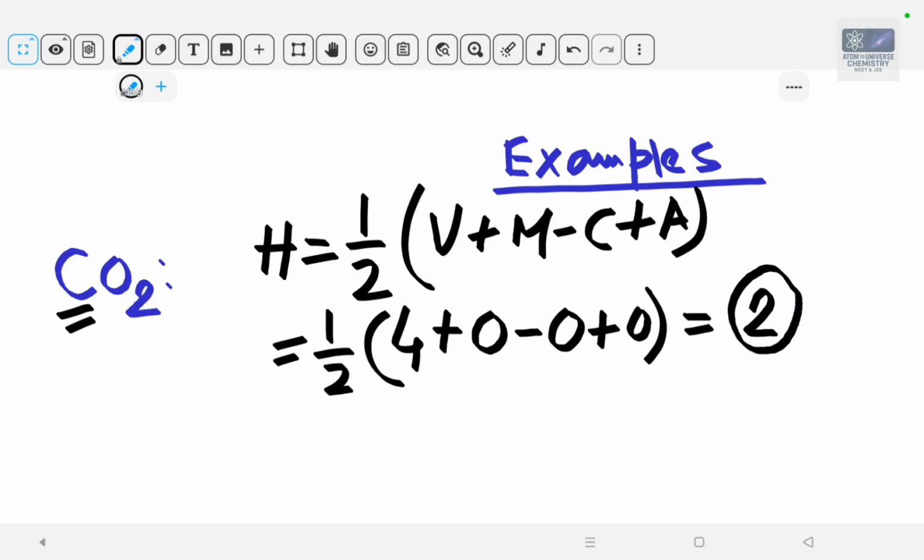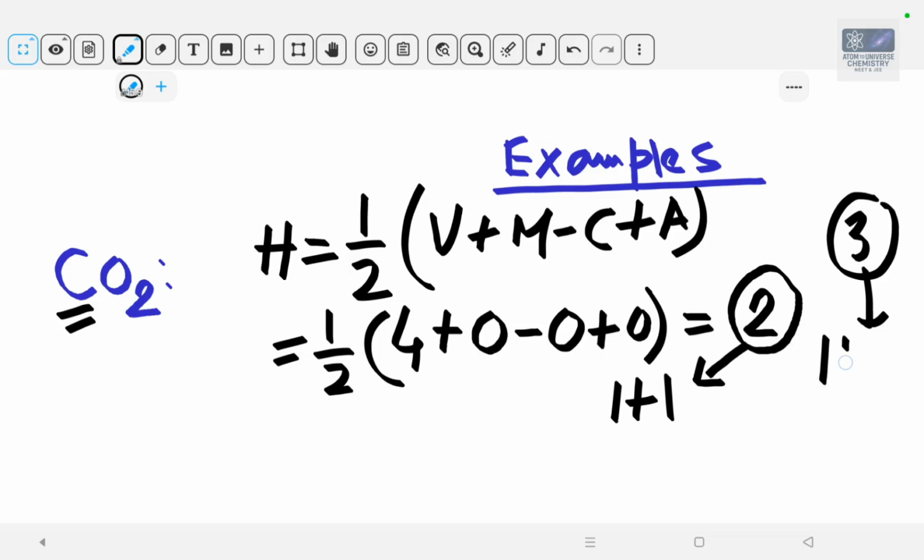The trick is that if the value is 2, divide it into 1 plus 1. If the result is 3, then split it into 1 plus 1 plus 1, and so on.